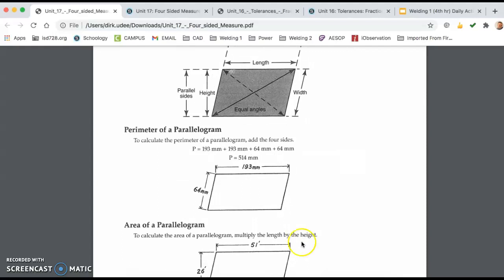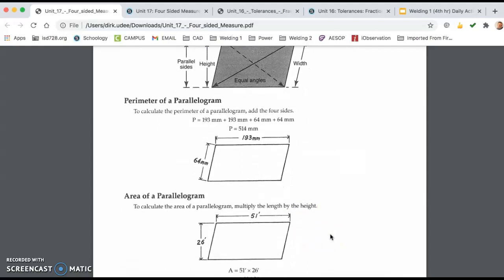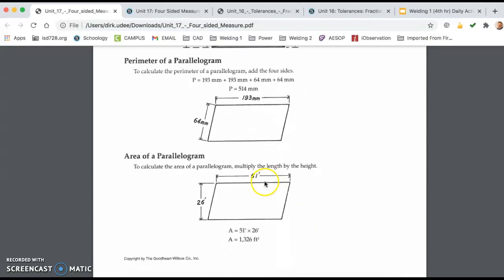The area of the parallelogram is going to be a little bit different. Now we're taking the length times the height. So now this is where you want to definitely use this packet to make sure you have the correct formula. Okay? So area now for parallelogram is the length, the longest side, times the height.